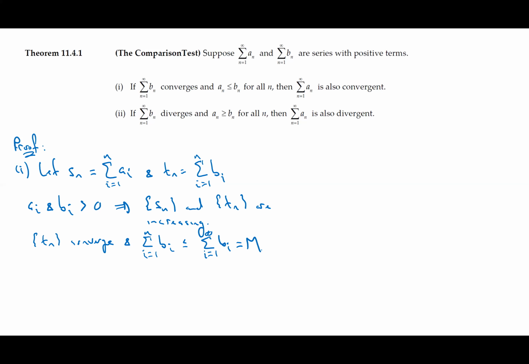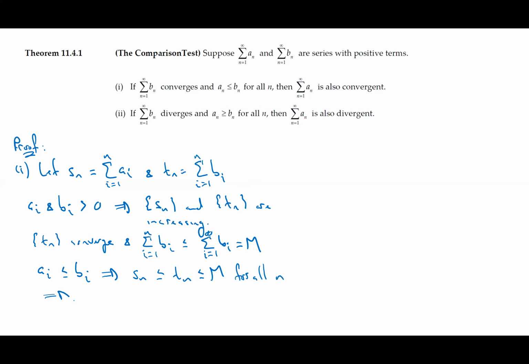Now, let's take advantage of the fact that the AIs are all less than or equal to the BIs. Well, that tells me that Sn, my partial sum for the A's, is going to be less than or equal to my partial sum for the B's, which is less than or equal to this M for all n. Well, what does that tell me?